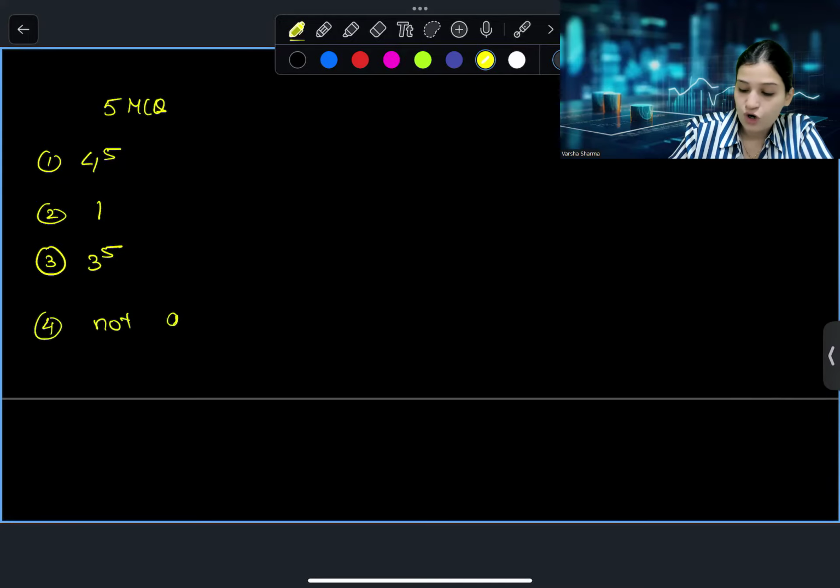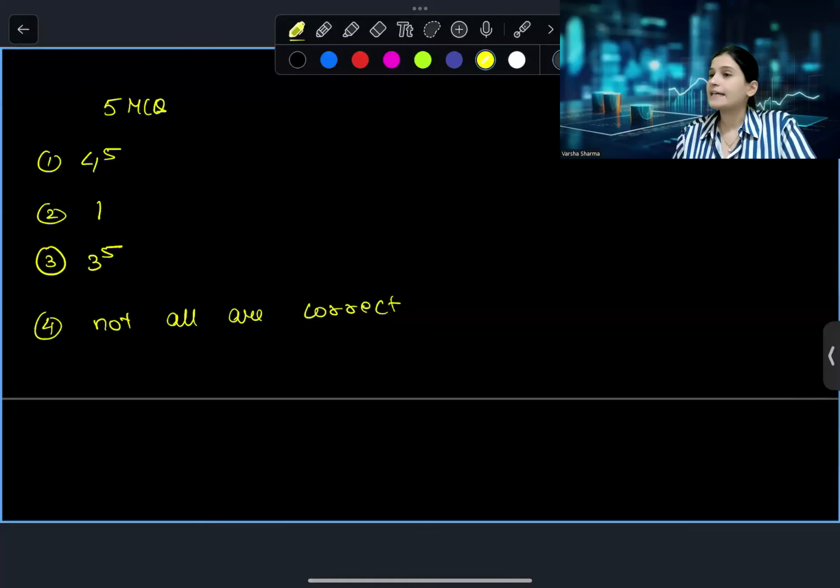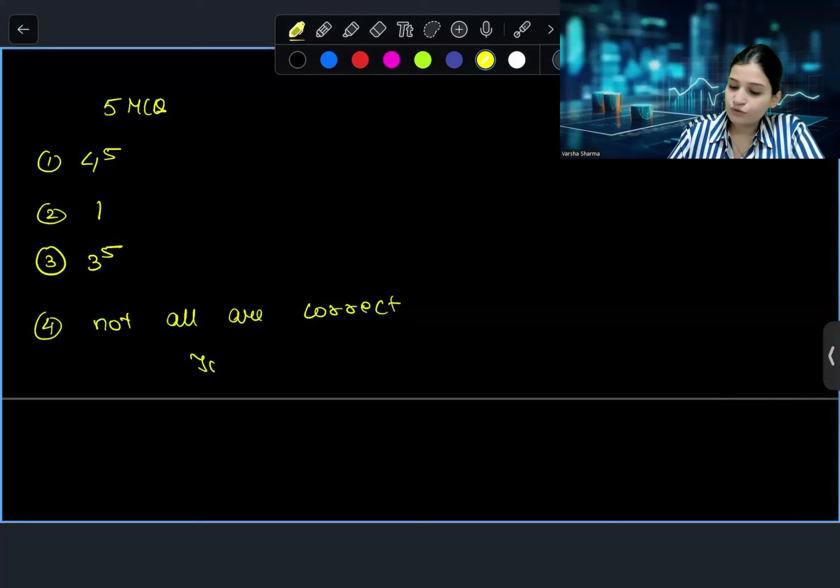Not all are correct. That means what I want is that all of them should not be correct. I can have 1 correct, 2, 3, or 4, but I cannot have 5 correct. So rather than thinking about how I can have 1 correct answer, 2 correct answers, 3 correct answers, we do total minus all correct.